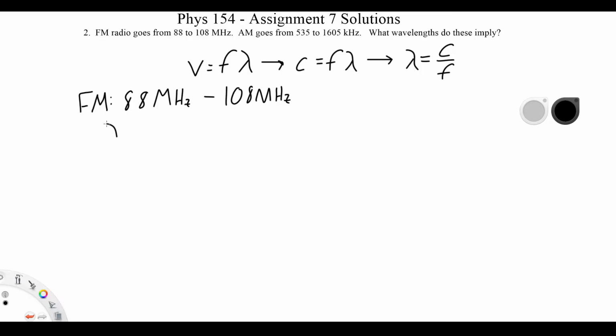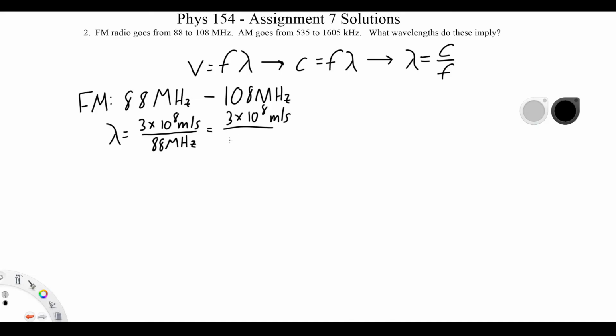And so we use the equation lambda is equal to the speed of light, which is 3 times 10 to the 8 meters per second, divided by the frequency. So we'll just start with that 88 megahertz. Of course, mega is the prefix for times 10 to the 6, so we're going to want to include that.